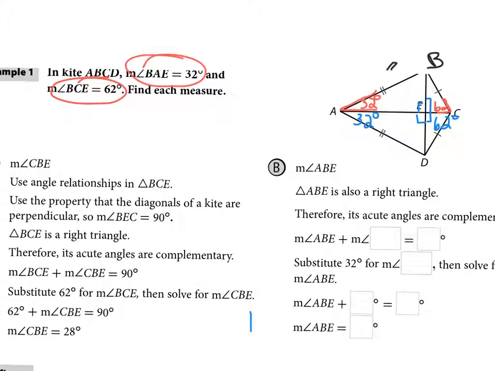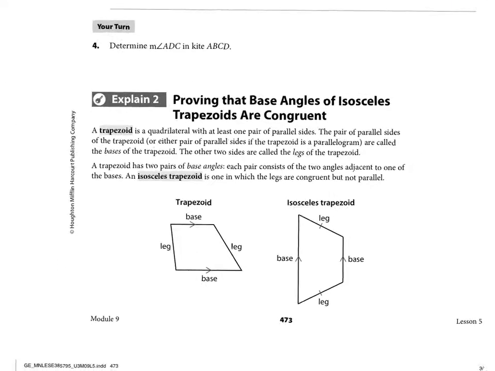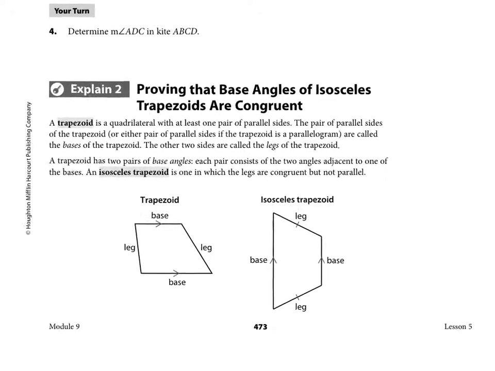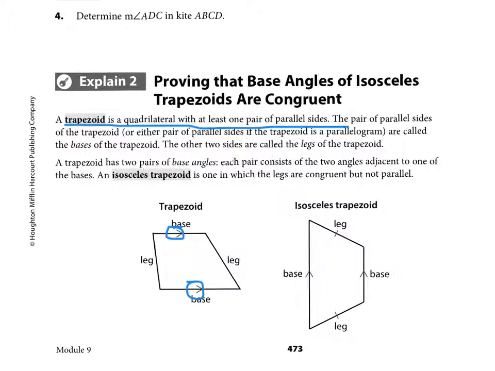Now at the bottom of this page, we start talking about trapezoids. A trapezoid is a quadrilateral with at least one pair of parallel sides. If we look down here, those two sides are parallel. The pair of parallel sides of the trapezoid are called the bases.